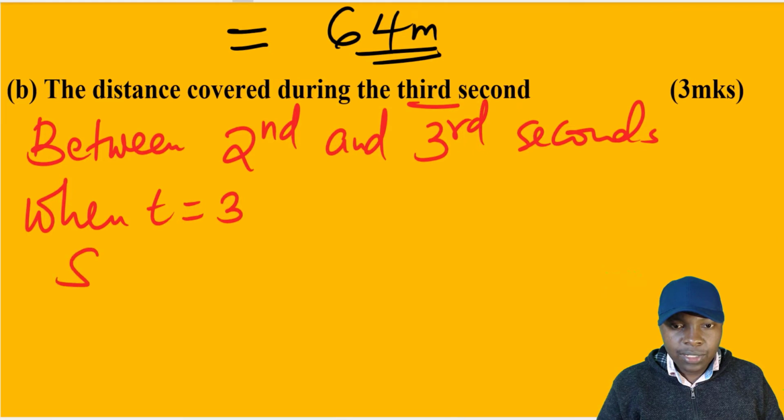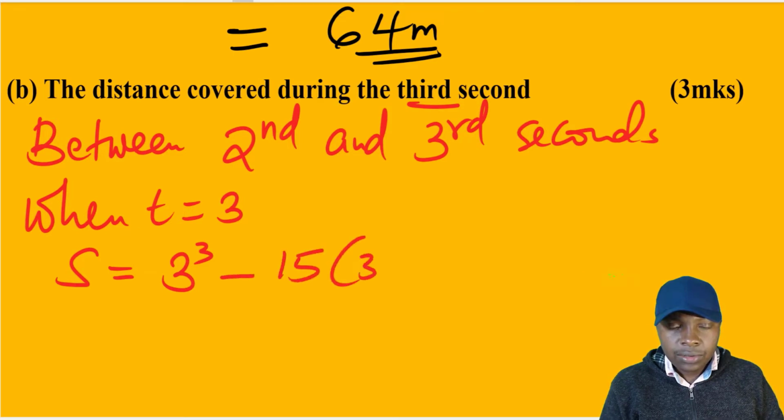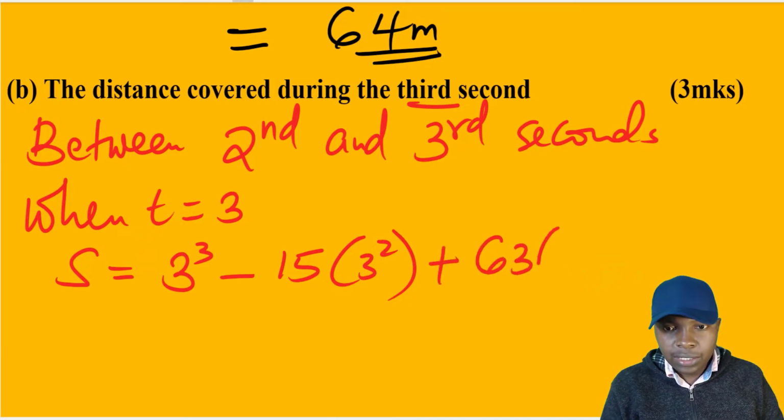So we start with when t is equal to 3. This gives s equals 3 cubed minus 15 times 3 squared plus 63 times 3 minus 10. We just replace t with 3 in the expression for the distance.